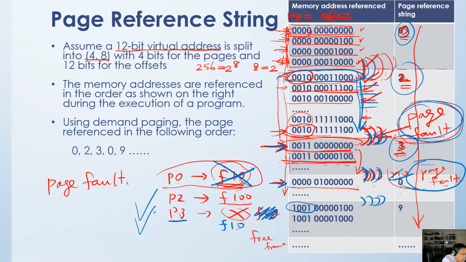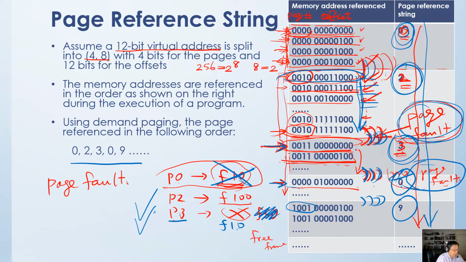That's the reason why, when you use a page replacement algorithm, we only care about the page reference string, not the actual memory reference string. In this particular case, the page reference string is 02309.